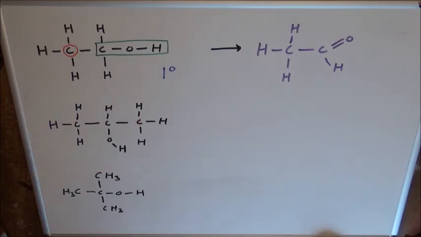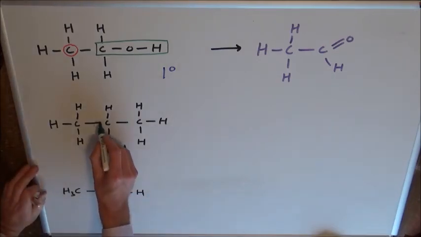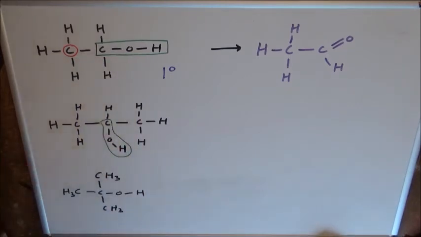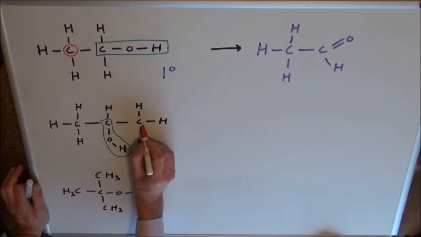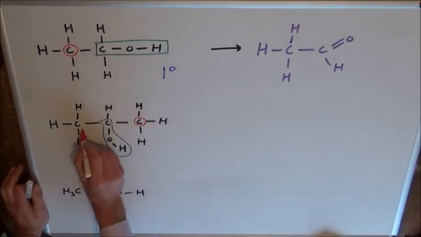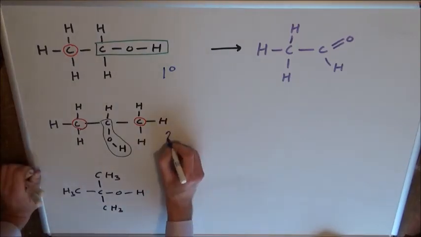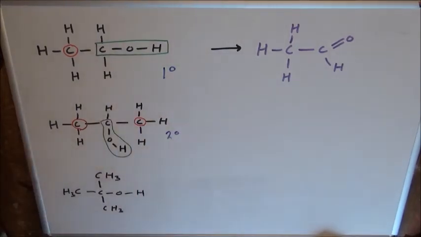If we look at the next one, here is the alcohol group, and then the carbon of the alcohol group is bonded to this carbon and this carbon, so that means this one is a secondary alcohol. It's propan-2-ol, of course.